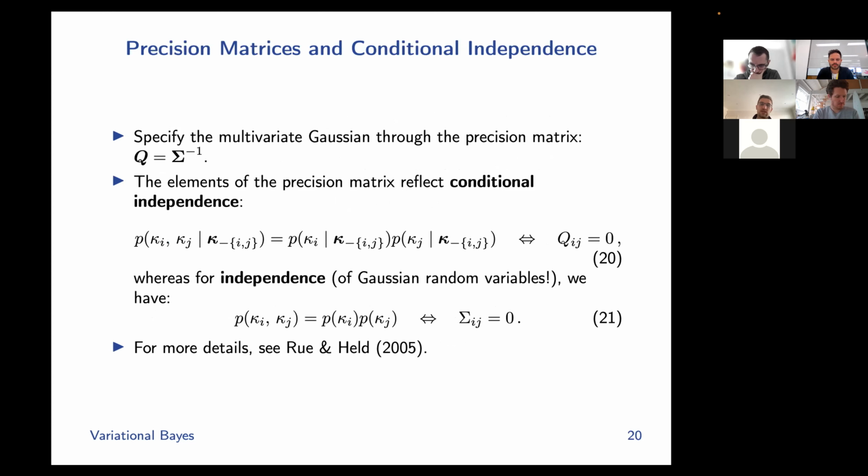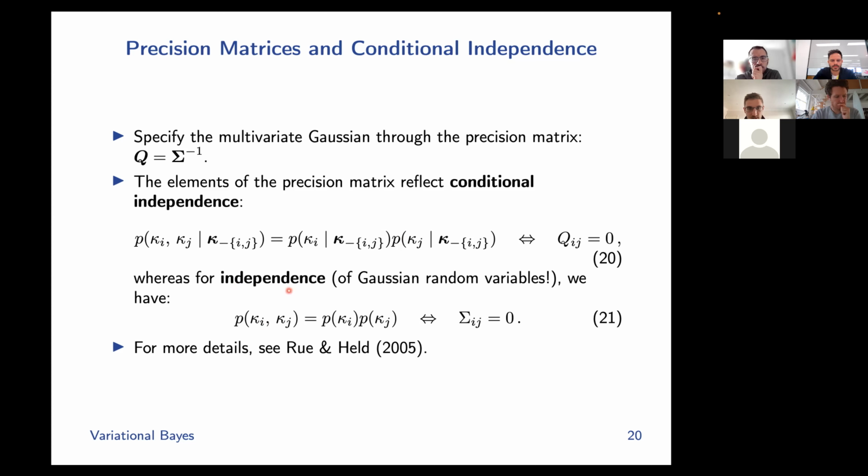What the elements of the precision matrix mean is that if the component of the precision matrix is 0, it means that the two components of the random vector, component i and component j, are conditionally independent, and the conditioning is on all the other variables other than i and j.